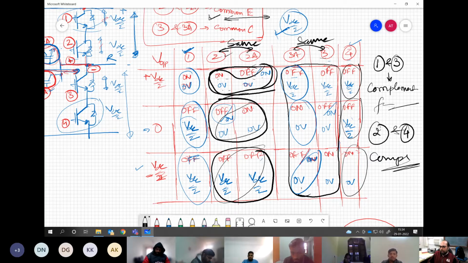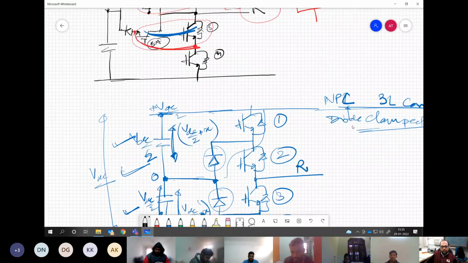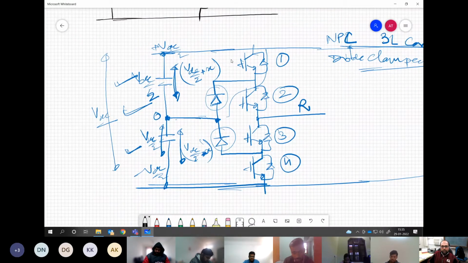In case of a two-level converter, there is no problem. Both the devices are operating in complementary fashion. But here we have 4 devices where these two are complementary and these two are complementary. The meaning is that if you are giving a gating pulse of say SA to this device, you can give SA bar to device number 3. And if you are giving a gating pulse of SB, you can give SB bar to device number 4.